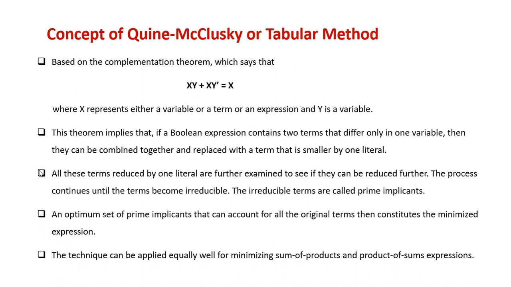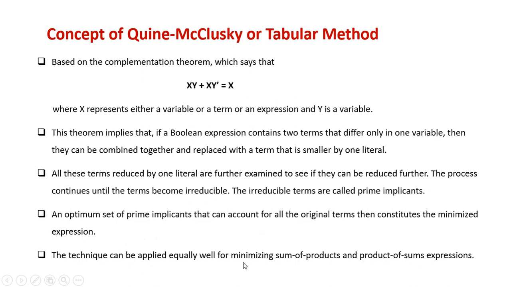Here also we are doing the same. Only, to form the prime implicants there we have to combine the maximum number of ones. Here we use this complementation theorem until we get the irreducible terms which are prime implicants. Then from those prime implicants we find the essential prime implicants, and finally, using an optimum set of prime implicants, we form the minimized expression.